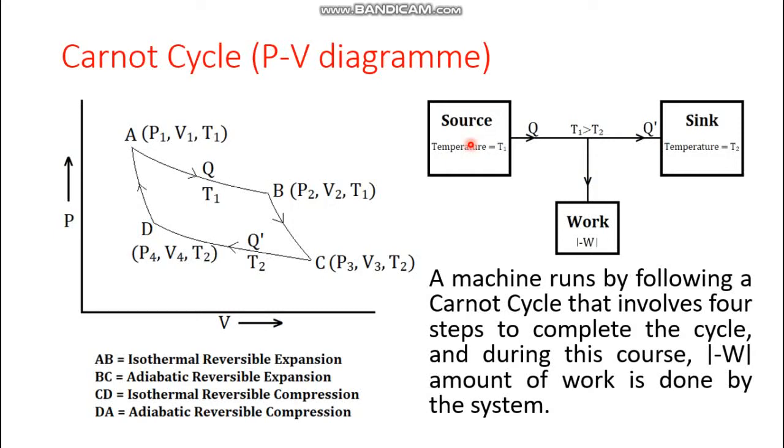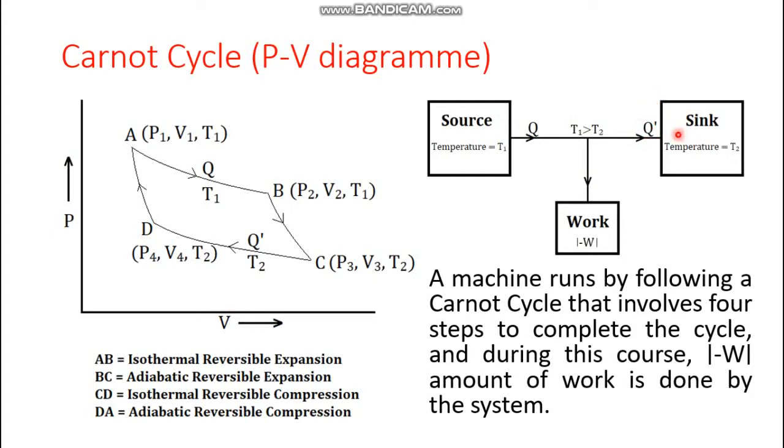In that case, due to the expansion, it has to spend some energy, and due to that its temperature falls to T2, which is the temperature of the sink. Now the system is compressed reversibly and isothermally. Due to that, it releases some heat, and that amount of heat is Q prime.